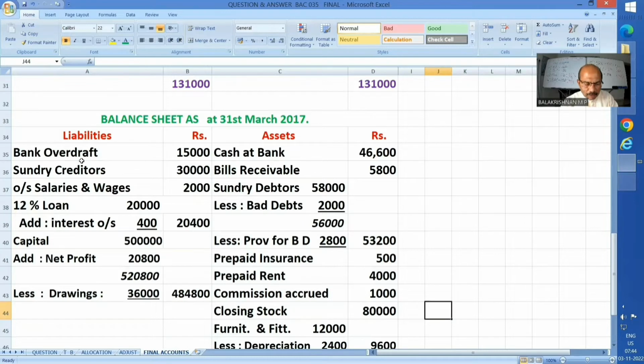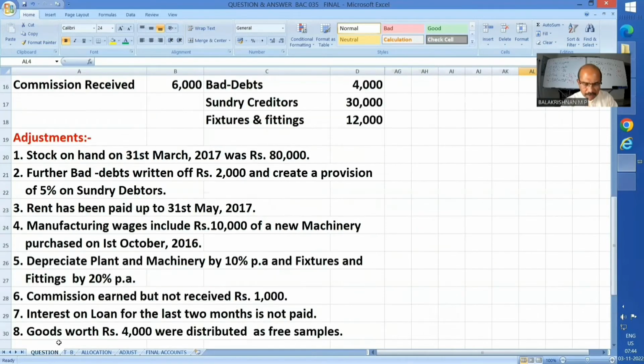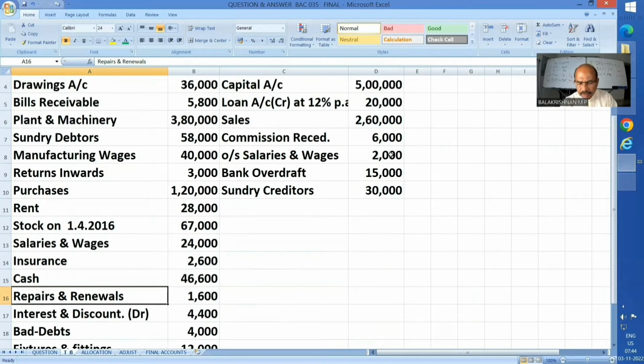Bank overdraft, given figure as it is; sundry creditors also same. Outstanding salaries and wages: you will see that they have not given us any such outstanding as an adjustment. However, in the trial balance, we will find outstanding salaries and wages 2,000.